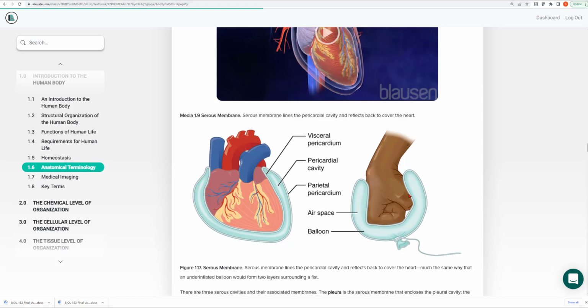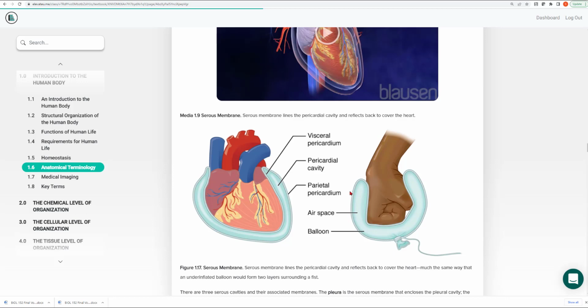There's a layer that's right up against your fist. That is called the visceral layer. Viscera means the organ. So the visceral layer is up against the hand or the organ. The outer layer of the balloon is your parietal layer. Parietal means wall.